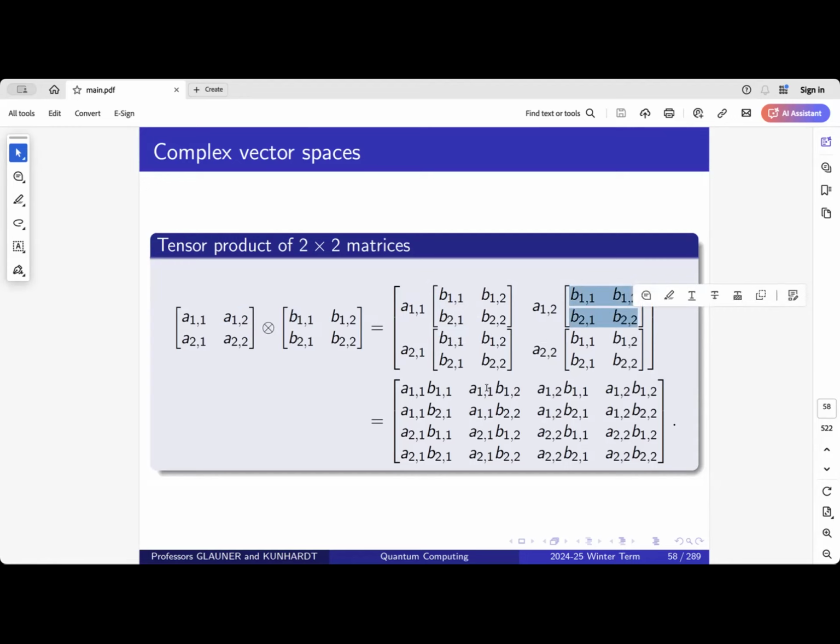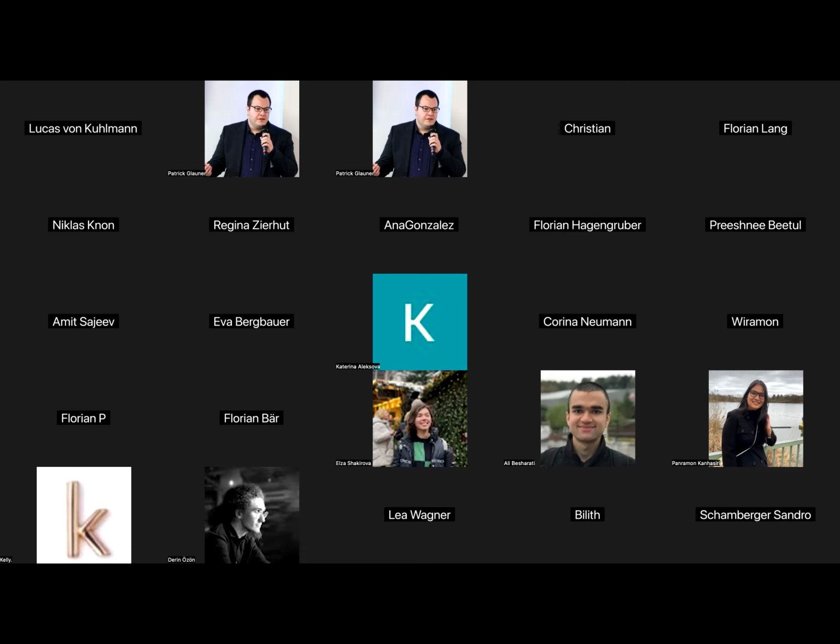Concretely, if we have this tensor product of 2 times 2 matrices, this leads to a 4 times 4 matrix. We briefly introduced this last week, and this week we will see what it's actually useful for. We can use this to describe the assembling of systems fairly easily.